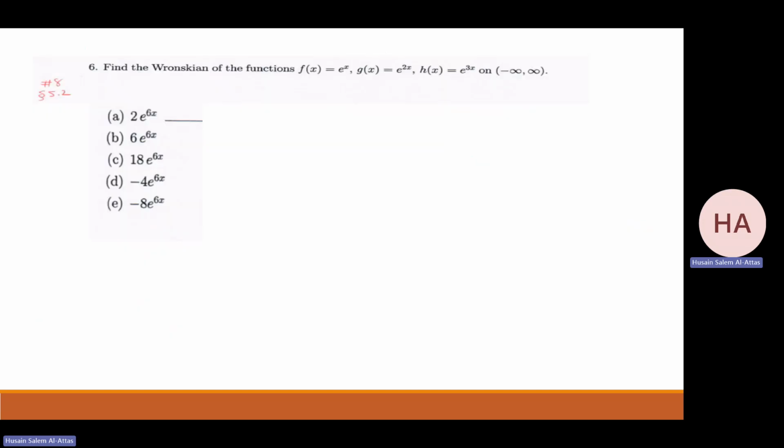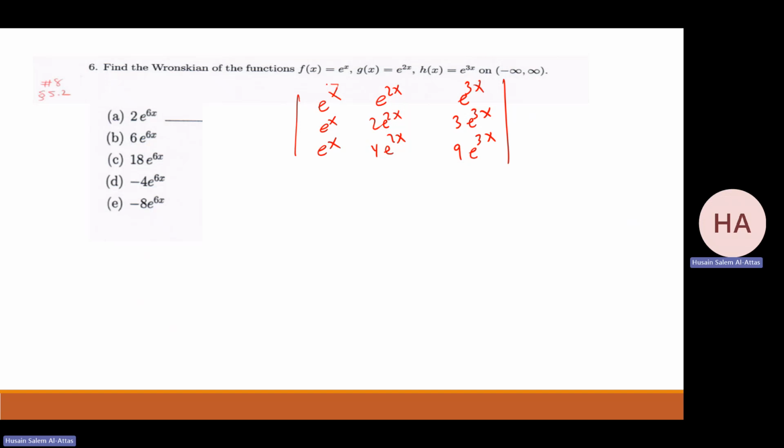Quickly, I will do one more. Find the Wronskian of these functions: e^x, e^x, e^x; e^2x, 2e^2x, 4e^2x; e^3x, 3e^3x, 9e^3x. Since I have a determinant, if I multiply by a number, I need to multiply either a row or a column.